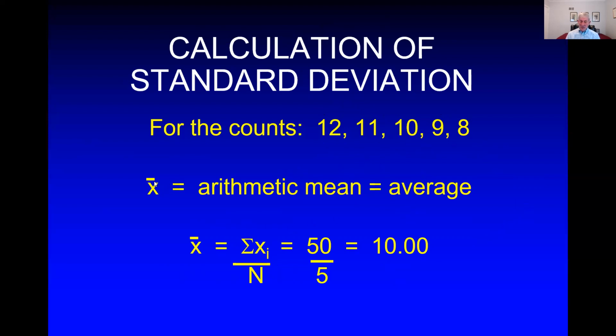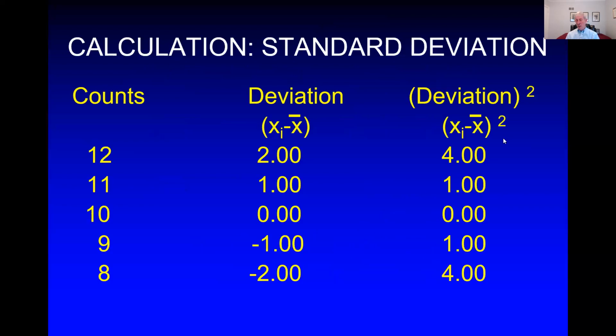Now, the mean value, well, remember, we're just going to add these up and divide by 5. That added up to 50. The mean value is 10. We want to remember that so we can plug that into the formula. So when you work a problem like this, all you need to do is set up 3 columns. Here are the counts. We want to subtract X bar, the mean value, from each individual value.